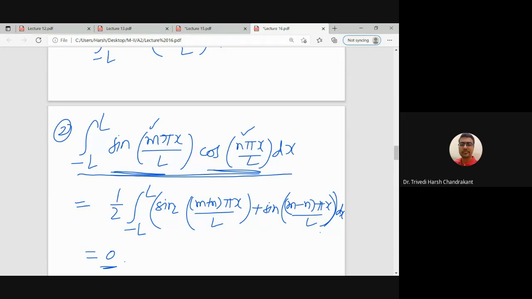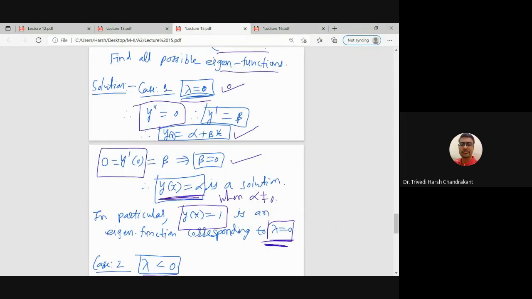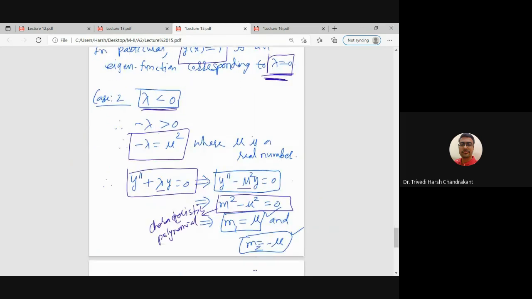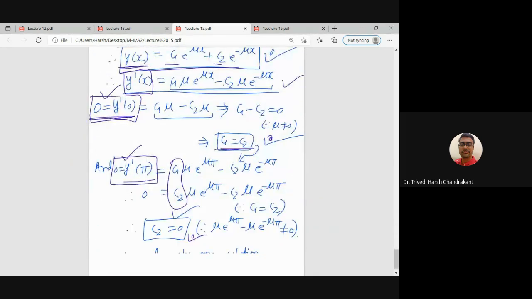That is basically the orthogonality of cosine and sine functions, and we usually get cosine and sine functions as eigenfunctions.